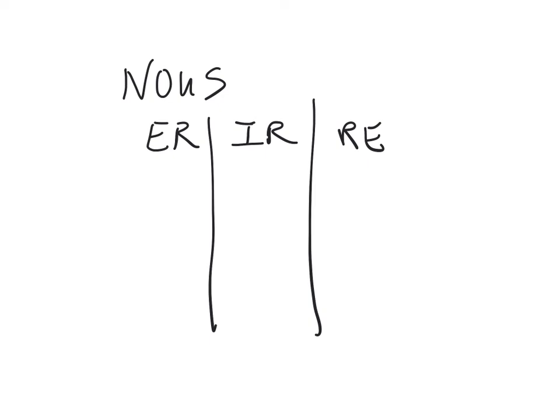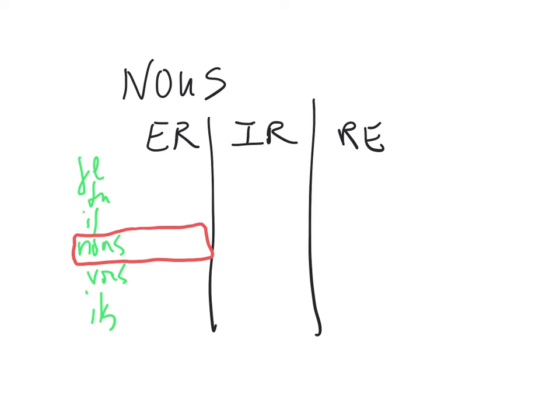And then on this part right here, where it has the je and the tu and the il and the nous and the vous and the ils, unfortunately, some verbs, if you would put a red square around the -ons that you wrote down for your ending, which is right here, and only in the ER form do you add, madame, we add an E if the verb is a GER verb.